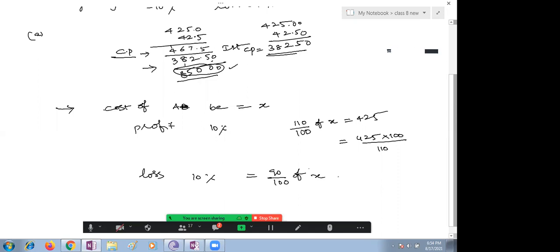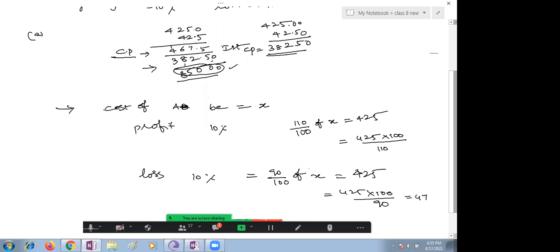I also did 90% of X means 425 is given. Is it so? Yes, ma'am. Like that I did. So then X, if you want to find out, is 425 into 100 divided by 90, right? Ma'am, he did 90 by 100 into Y, which is 425. Y, he got 472.22. He added both X and Y. He got 858.5858, ma'am.